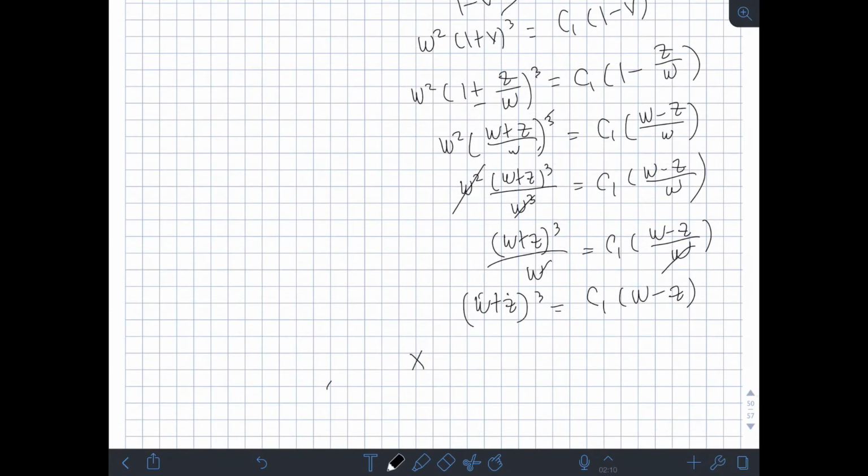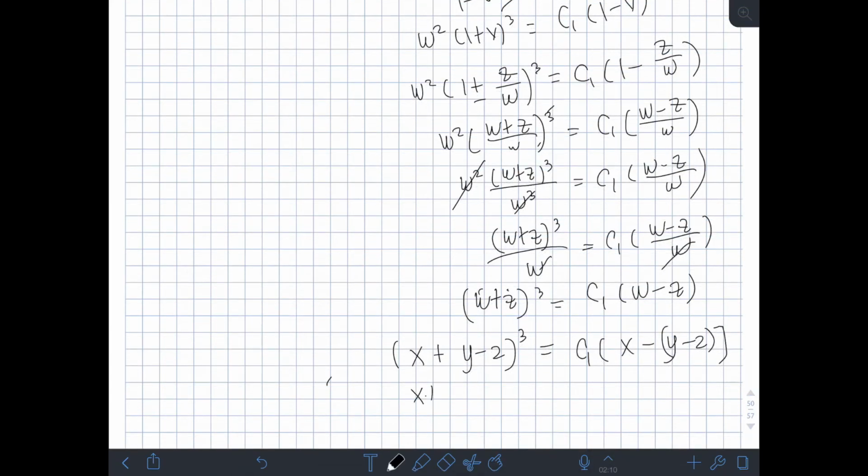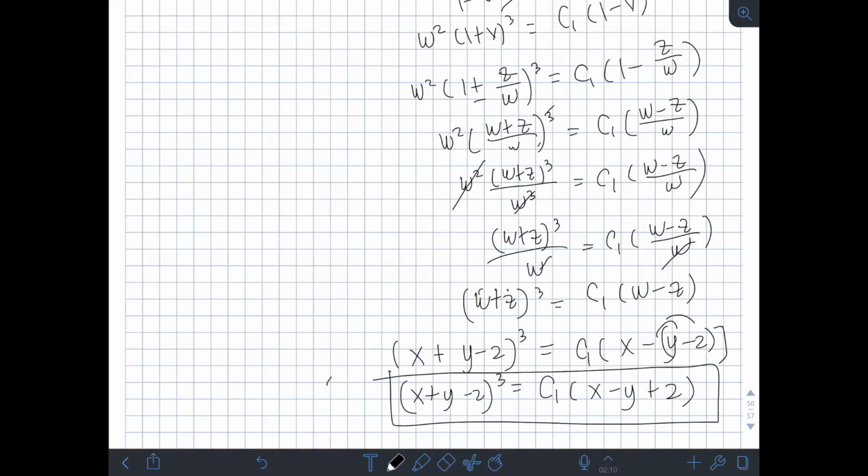So, W is X, plus Z is Y minus 2, and then cube equals C1 times W is X minus Z is Y minus 2. And then, simplifying further, X plus Y minus 2 quantity cube equals C1, distribute yung negative, X minus Y plus 2. So, therefore, this is the final answer.